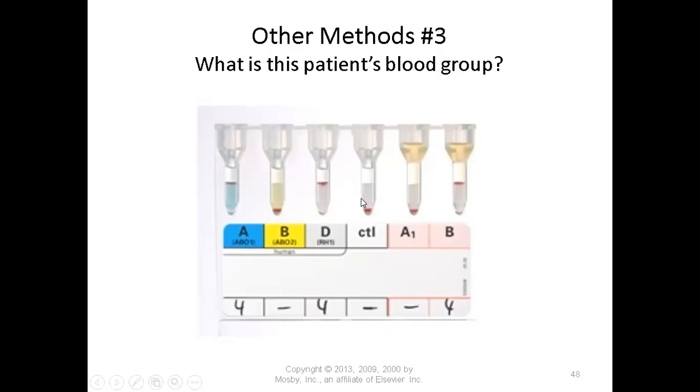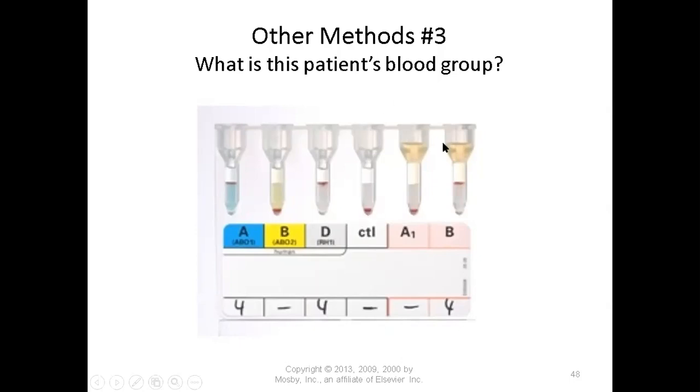And this patient control is really done to make sure that the patient is not auto-agglutinating. They're not agglutinating their own cells. Can also detect if some type of sensitization has happened in vivo in the patient, similar to a DAT, okay?